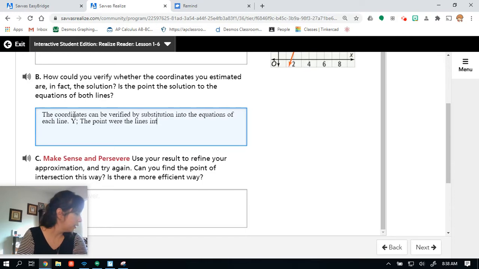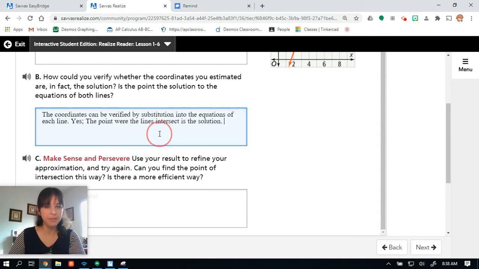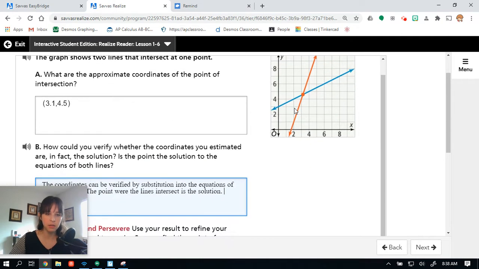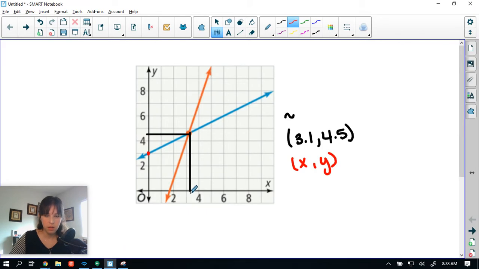Mark where the lines are in. So now another thing here is, that's supposed to say yes, not y. Yes. Another thing here that we're looking at is the solution to this equation, which basically means if let's say I had m1x plus b1. We're looking for the solution.